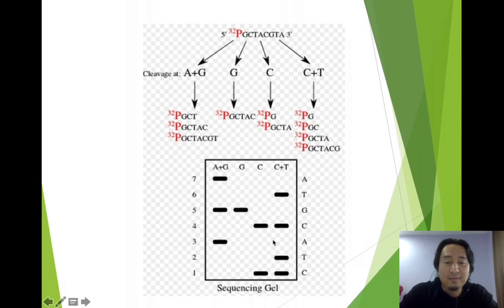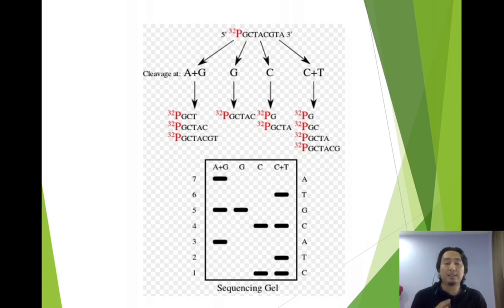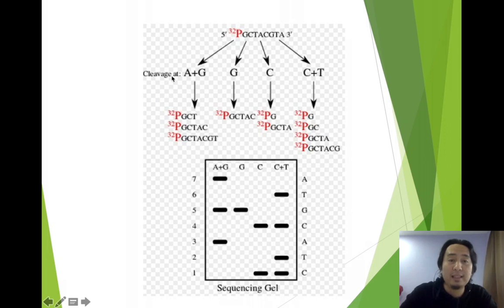And the next one, the band appears in test tube number 1, but you don't know at first whether it is A or G, because test tube number 1 modifies both A and G. So how to confirm it? You compare with the G test tube, test tube number 2.